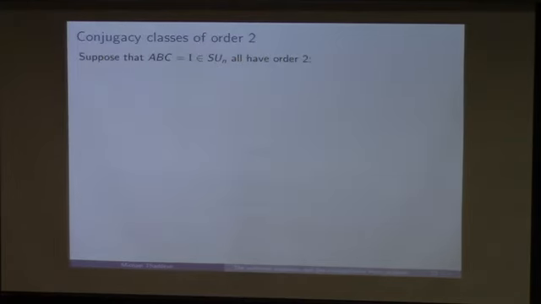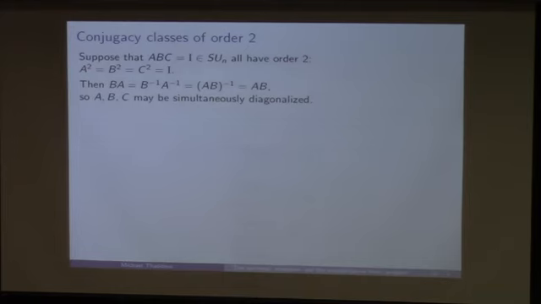Another elementary observation is that if you think only about conjugacy classes of order 2, that is, unitary matrices whose square is the identity, well, that means that they are conjugate to diagonal matrices that only have 1s and -1s on the diagonal, right? Then there's this very simple argument that says that if this is true for A, B and A times B, then AB equals BA, for an extremely simple reason.